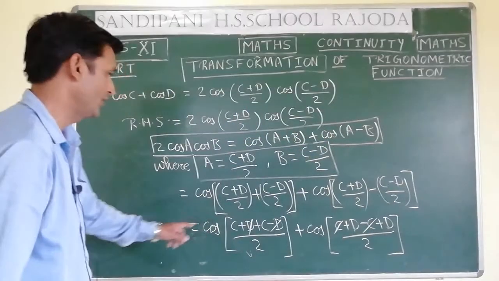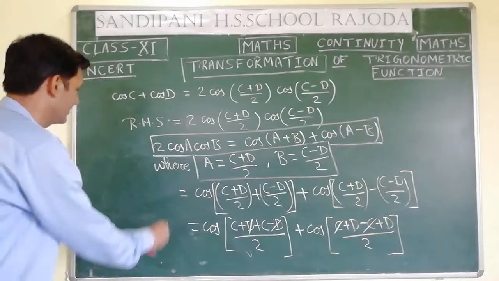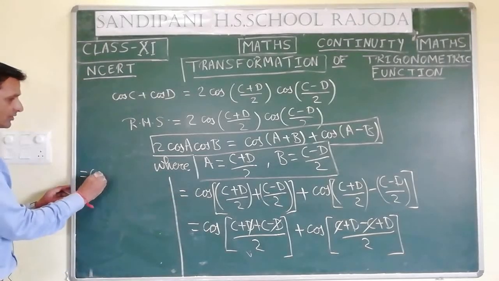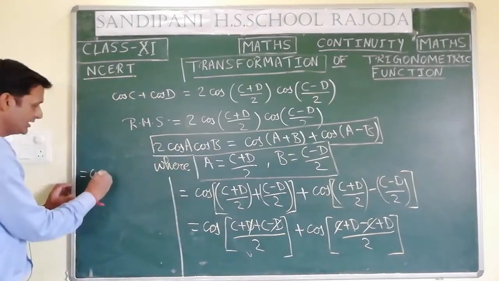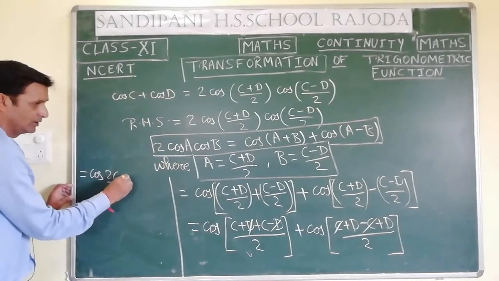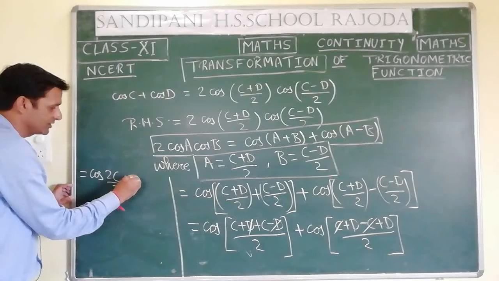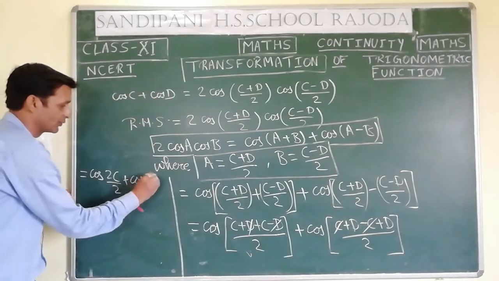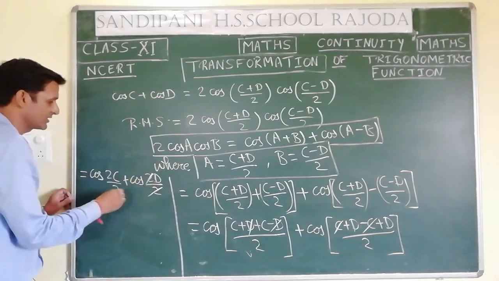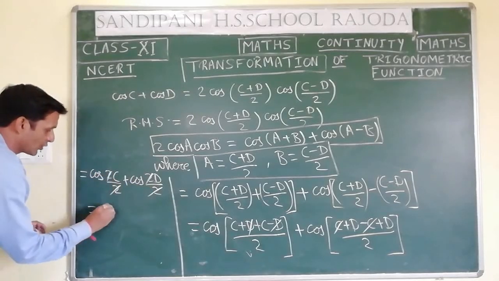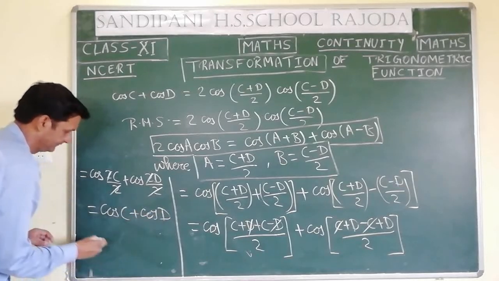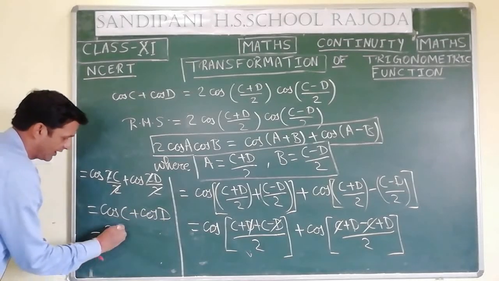So now we may write it as cos of 2C by 2 plus cos of 2D by 2. So this 2 is cancelled here. So it will be equal to cos C plus cos D, which is equal to RHS.